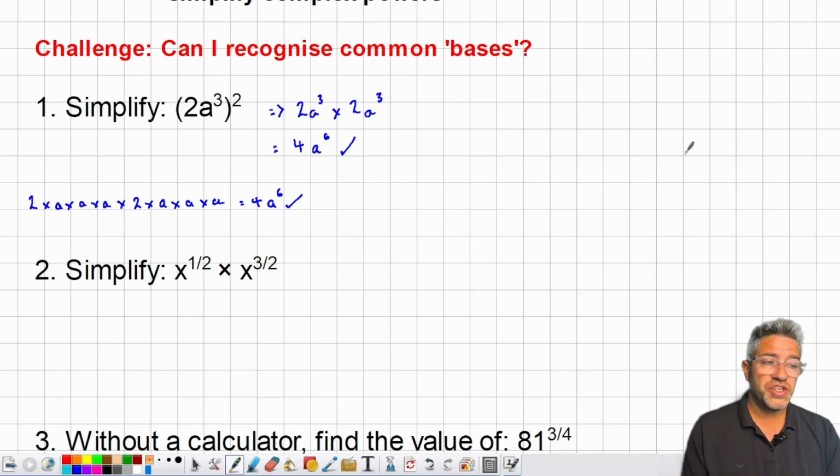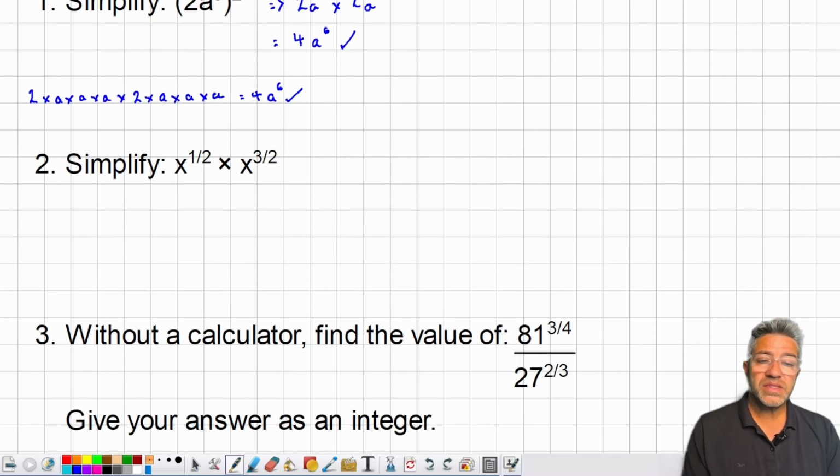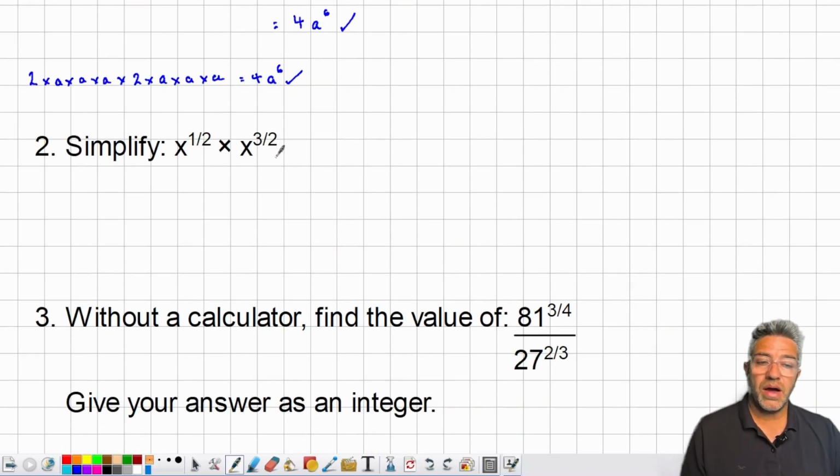Let's look at question 2. Simplify x to the power of a half times x to the power 3 over 2. So because we're multiplying, we need to add our powers.